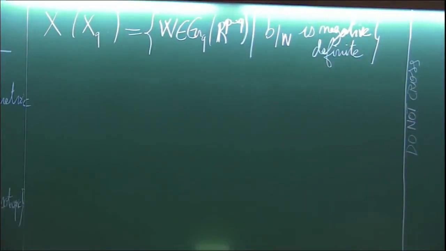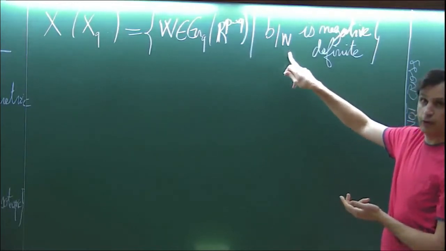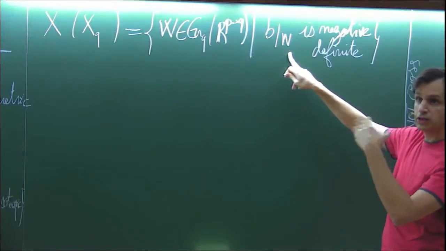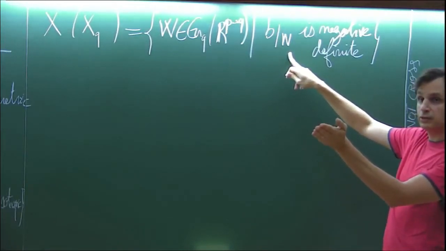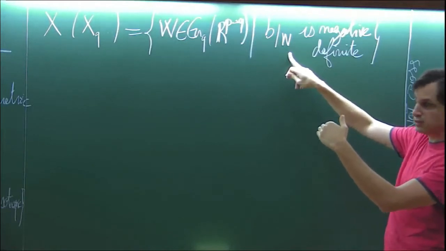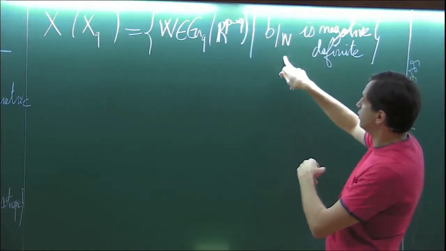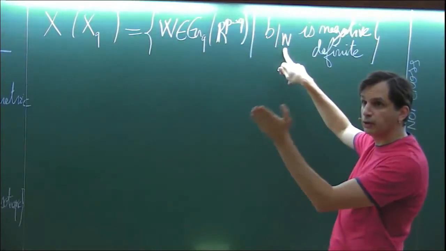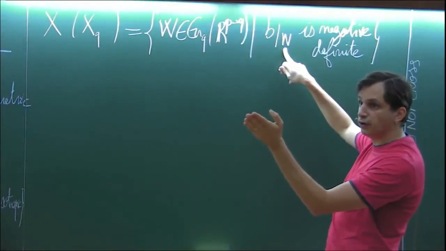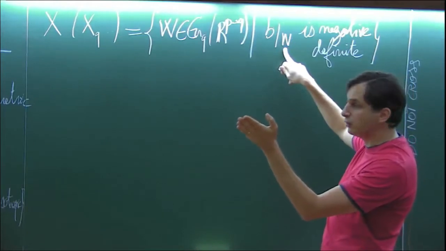And if you calculate the stabilizer of a point W, it has to stabilize W, but also its orthogonal complement. So stabilizing W means to be in O(Q) in restriction to W, and the orthogonal complement gives something in O(P).